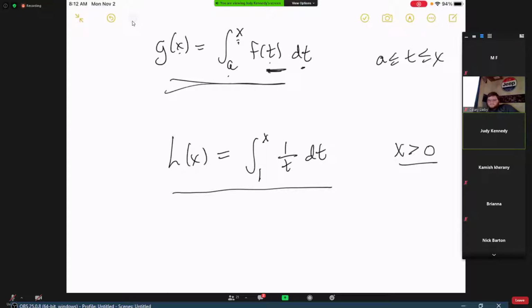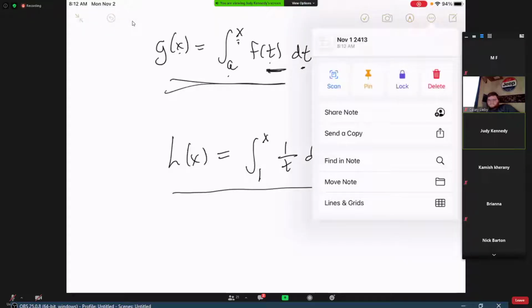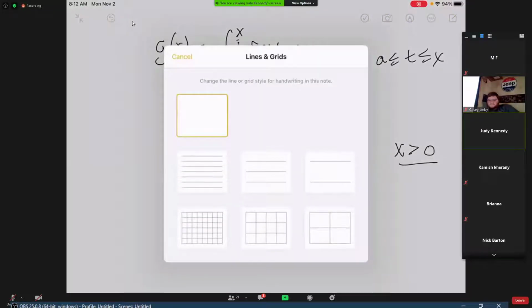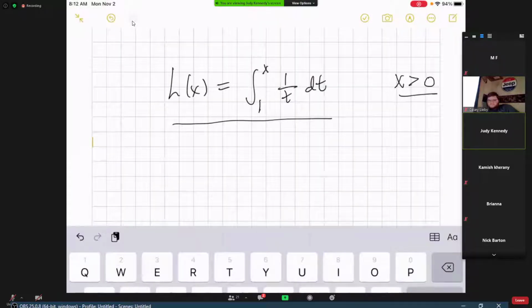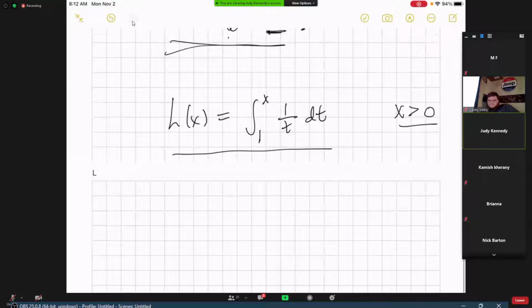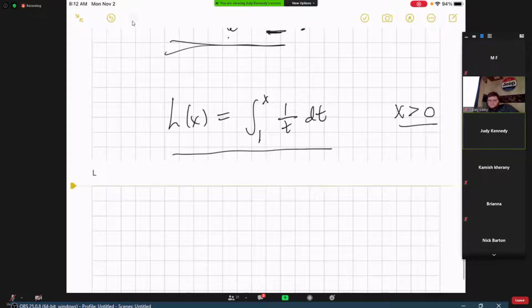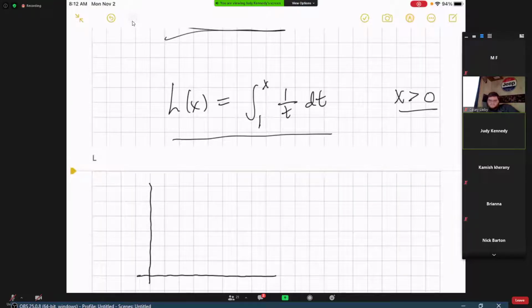Well, I'm going to look at 1 over t dt. Let's see, maybe I'd like to have some lines and grids here. Coordinate system. And 1 over t looks like this.